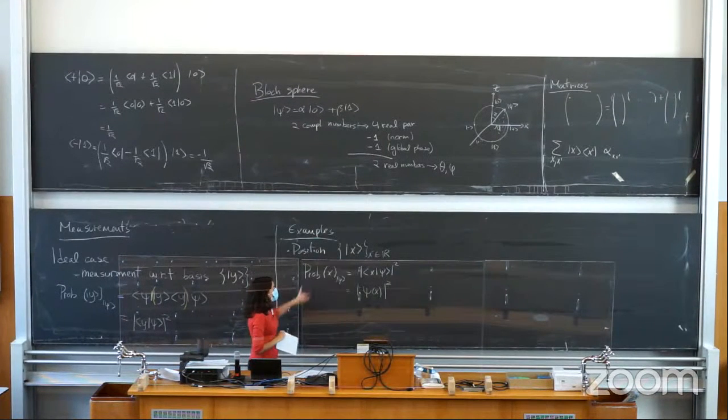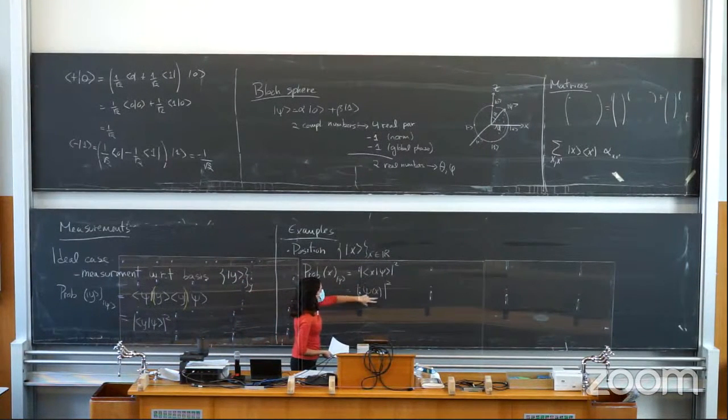And this is also why it's normalized, because if I want to measure the position of a particle and I ask what's the probability that I find it here, plus the probability I find it there, plus there, all over the real line, it better sum up to 1 because this particle must be found somewhere, right? So that's why if you have the integral of this thing over the real line, it should be 1.